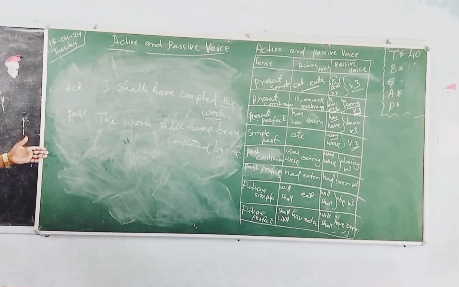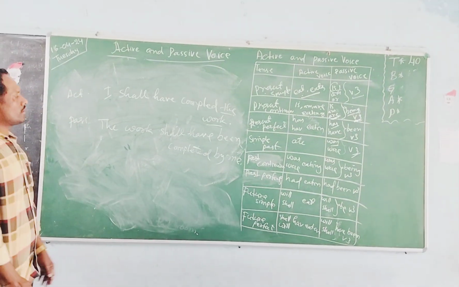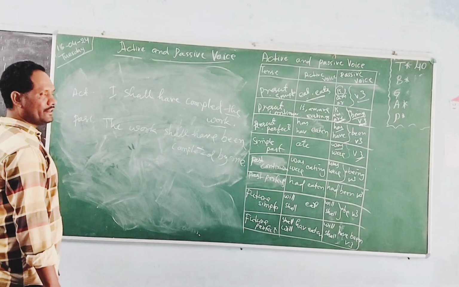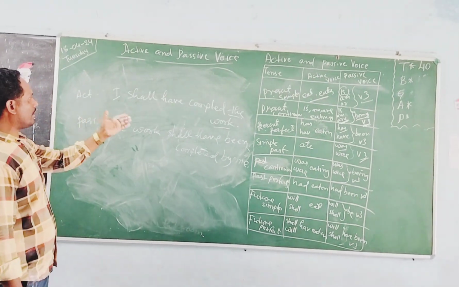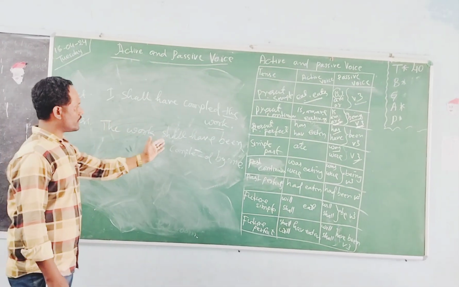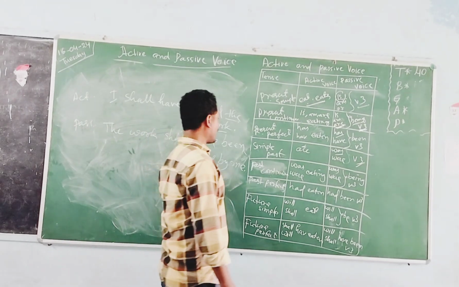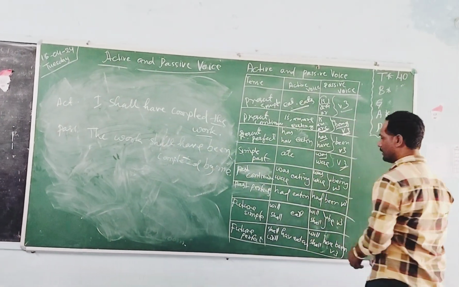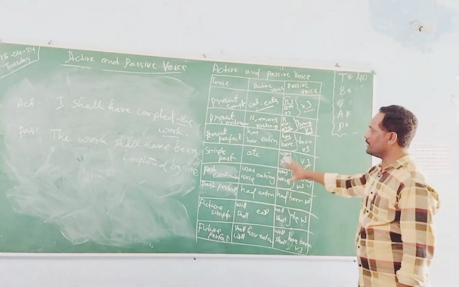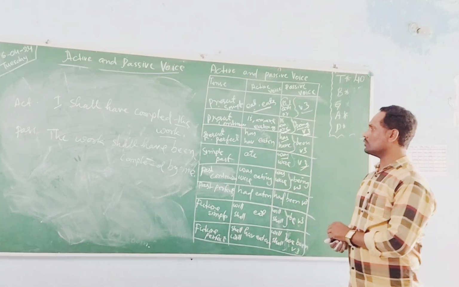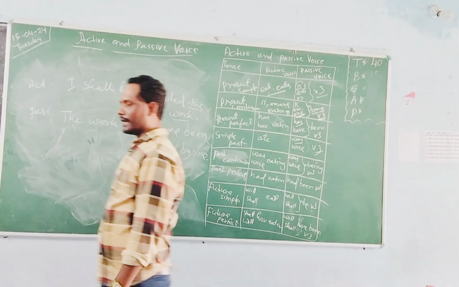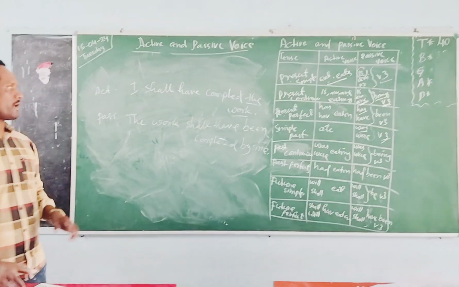See, this is the code for how we complete tenses, active voice into passive voice. I shall have completed the work. The work shall have been completed by me. This is based on the table. If you learn this table, it is enough to change active voice into passive voice. Let me explain other parts of active and passive voice.